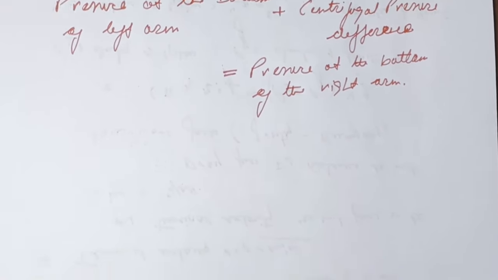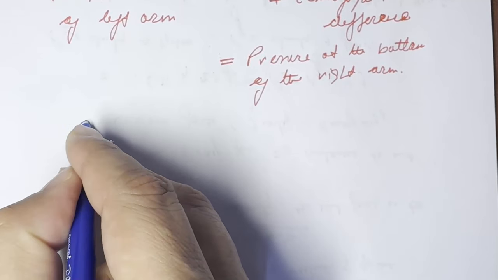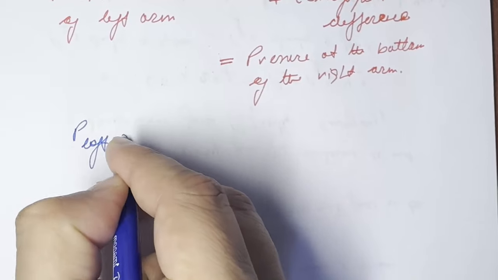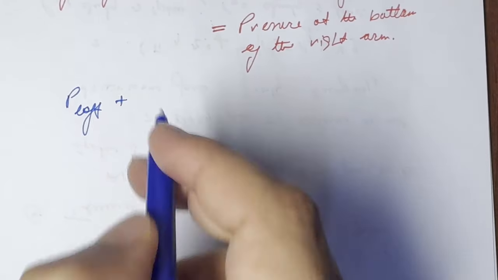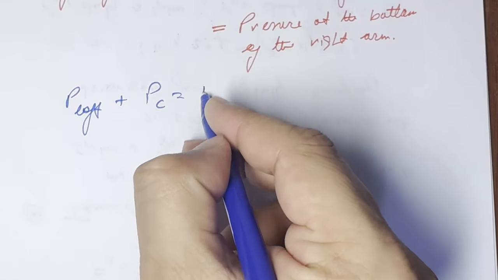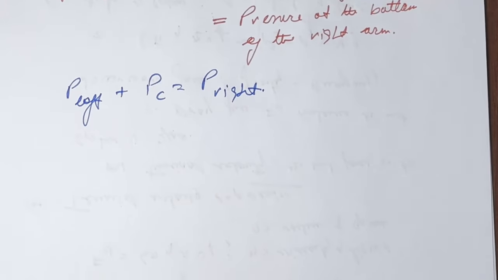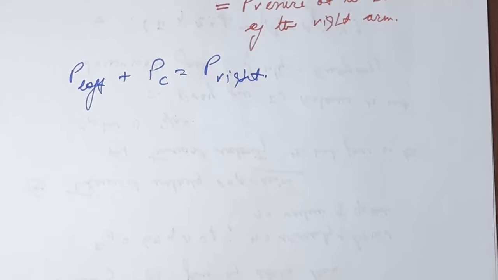So which basically means that we have pressure left plus pressure difference due to centrifugal force, and we have here pressure at the bottom because of the right arm. So we substitute the values.